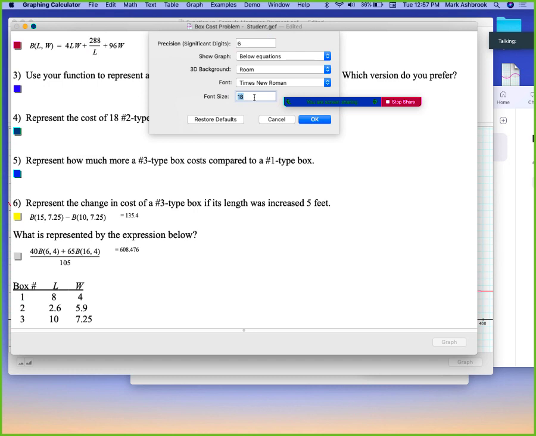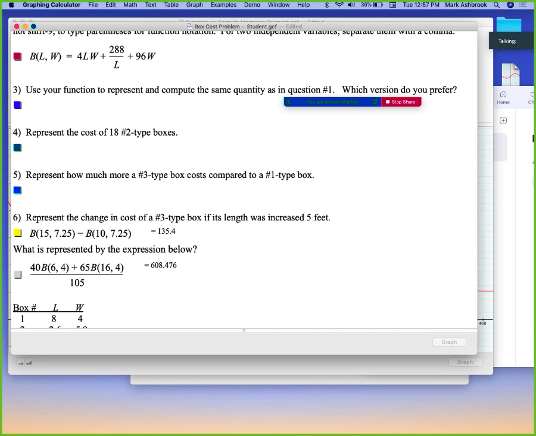Your function equation for B of W is 96 divided by W. Oh, is that why you were worried there? Is that better? Yeah. Now does it work? You guys agree with that? Richard and Angel, you guys agree? Yeah. Okay, good.